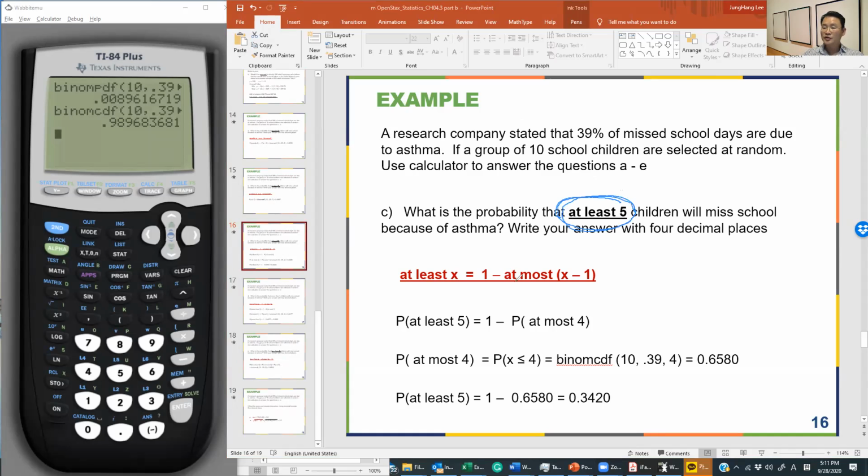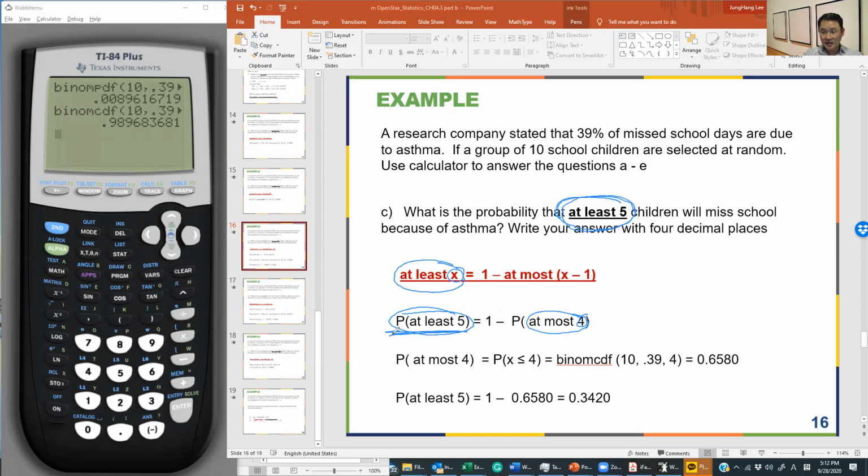So how do you deal with the at least certain number question? Well, I wrote it right here. At least X is the same thing as 1 minus at most X minus 1, one smaller than this. So if it's at least 5, then we have to do 1 minus the probability of at most 4.